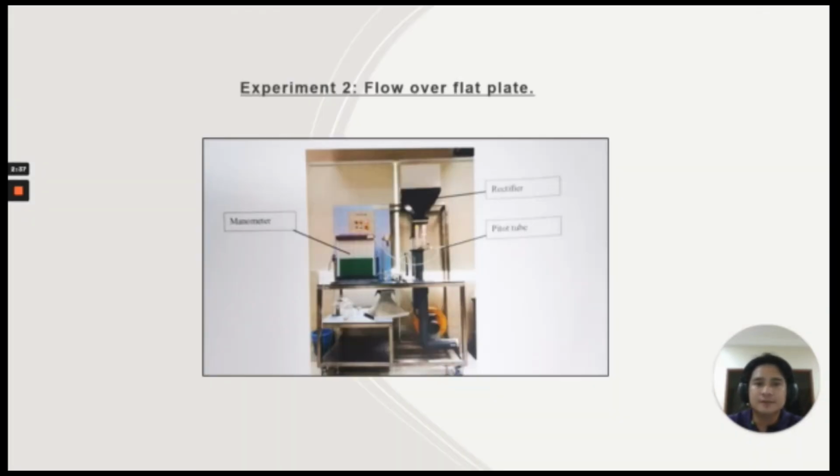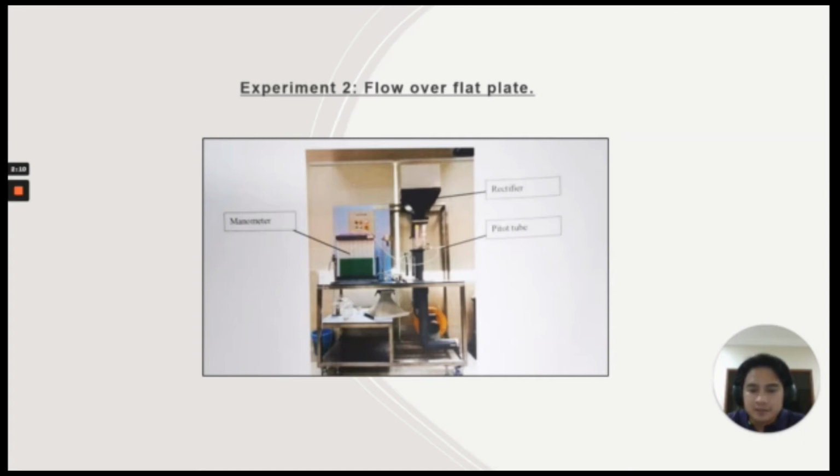For experiment 2, flow over flat plate. The experiment is set up as shown in the figure. The smooth surface plate is inserted into the airflow bench, and then the distance of 10 mm is taken as first value.